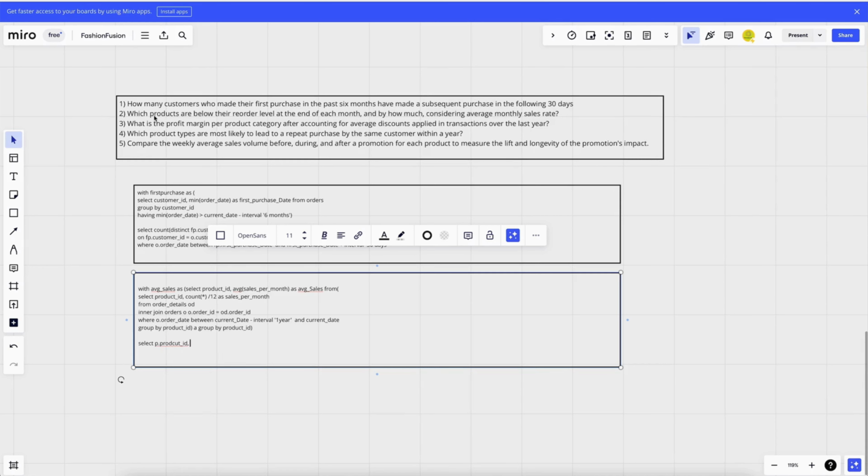And the question is which products. So I have the product ID, which are below the reorder level at each month and by how much. So since they asked by how much, we need to have this average sales minus stock quantity. I'll call this one as below, and do an inner join with our city table.